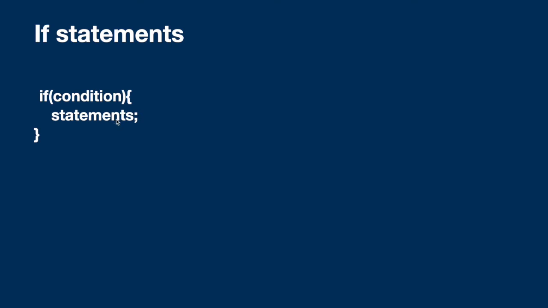These statements will be executed if this condition is true. If it is false, the execution will go out of this statement and continue to the statements below it. So this is a simple if statement.